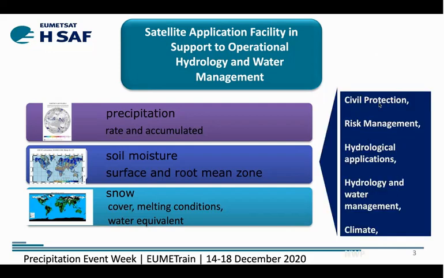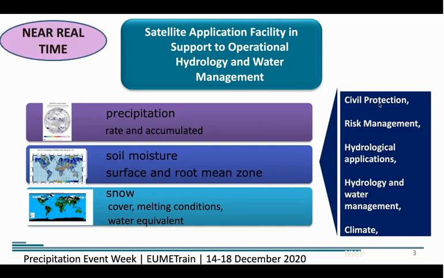The main users of this kind of products are civil protection and risk management, because they can use these estimations inside hydrological models for risk scenarios, and in hydrological applications in general, like inside runoff models, and of course also for hydrology and water management in general.